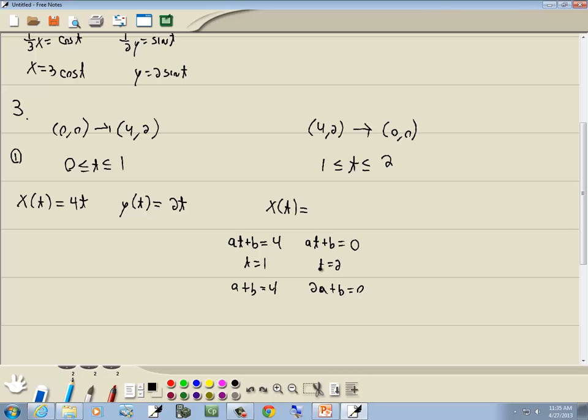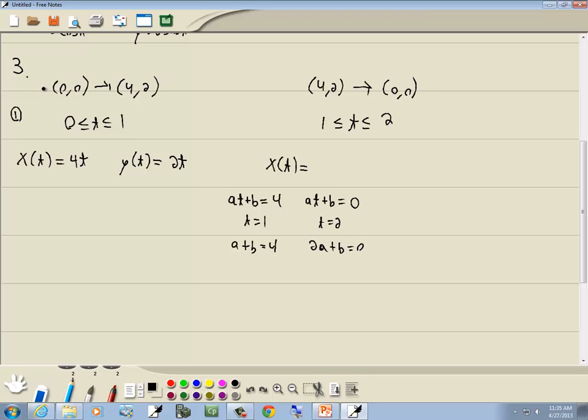A lot easier to see if you're starting at 0 like this, then you can just easily come up with it. Well, I want to add these together. So I have 2a plus b is equal to 0. I multiply everything in my first equation by -1. So that gives us negative a minus b is equal to negative 4. Add the equations. 2a minus a is a. b minus b drops away, and that gives us negative 4.